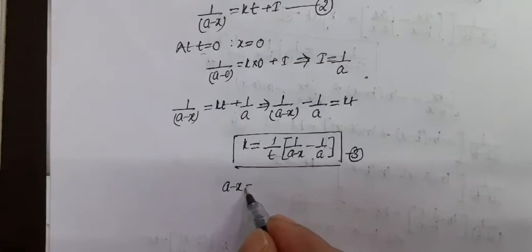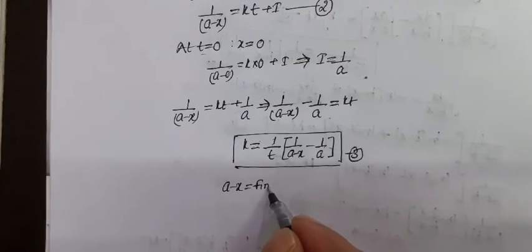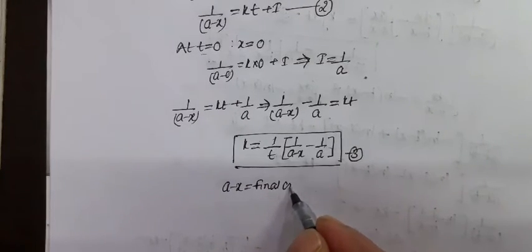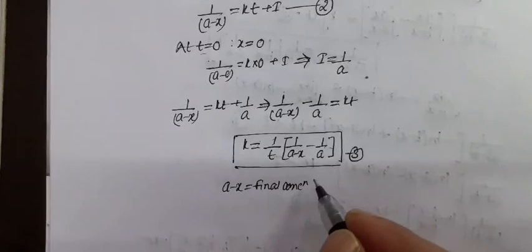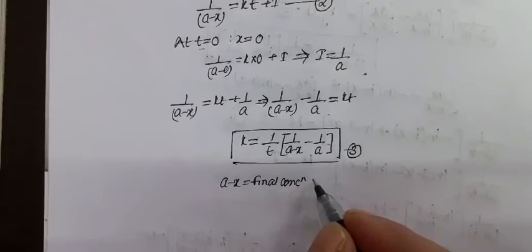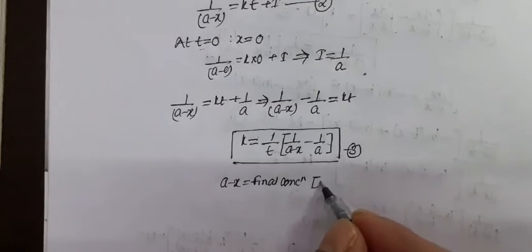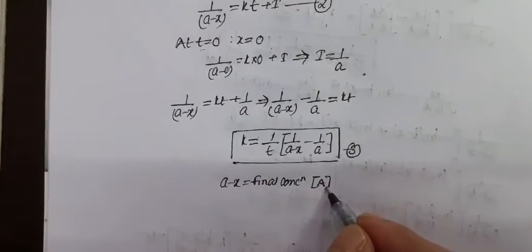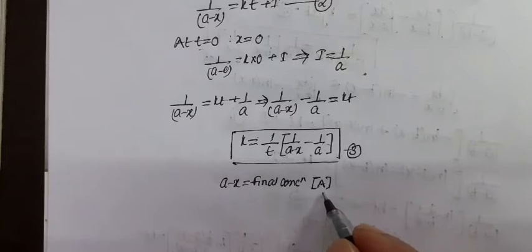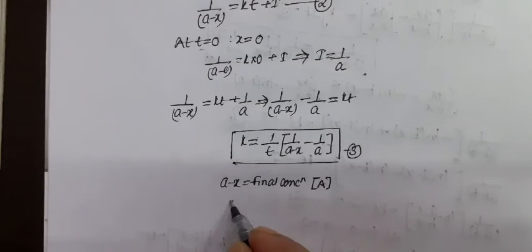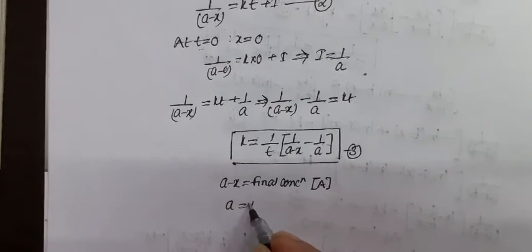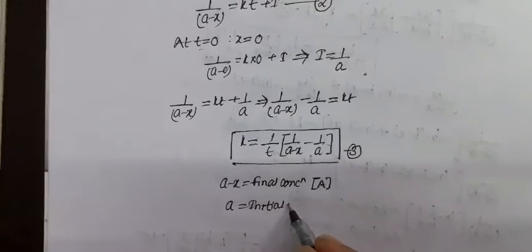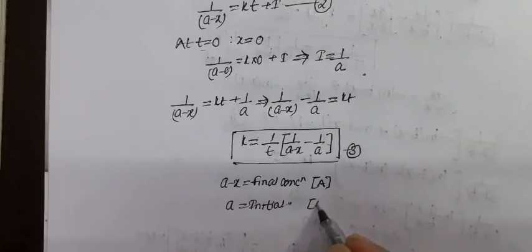a minus x can be written as the final concentration, or what we can say, the concentration of the reactant after time t. So it is represented by concentration of A, and small a is the initial concentration, so it can be represented as A naught.